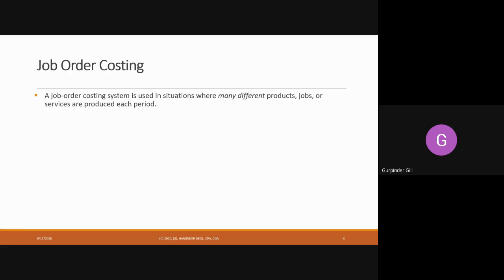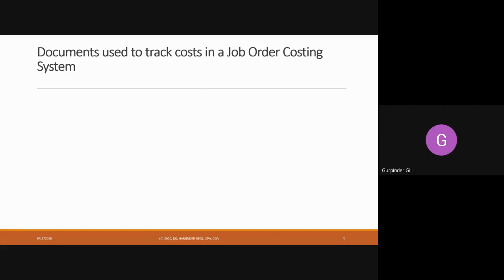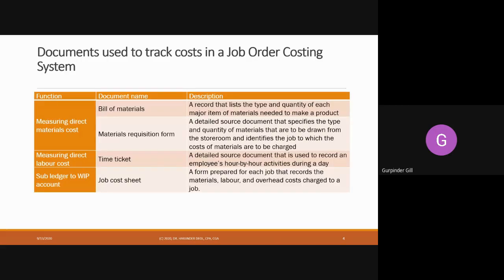Job order costing is used in situations where you have multiple products, jobs, or services that are produced in each period. Since each job is different, the cost records must be maintained for each product or job. Now, how are we able to do that? Here are the documents we will use to track cost in a job order costing system. For direct material, we use the bill of material.